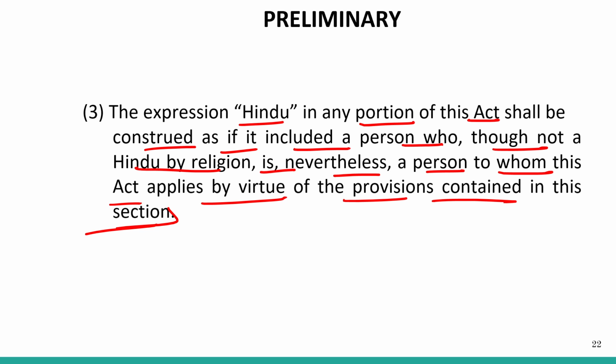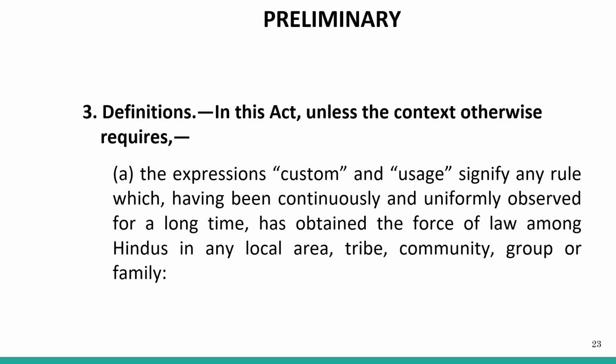And third, neither of the parents are Hindus, and the person has not been brought up as a Hindu. So these are the conditions. If they are not being fulfilled, then they will not be considered as Hindu. Rest everybody is being considered Hindu according to the Hindu Marriage Act of 1955. So these are definitions that are going to be helpful for us to understand what exactly this legislation is talking about.